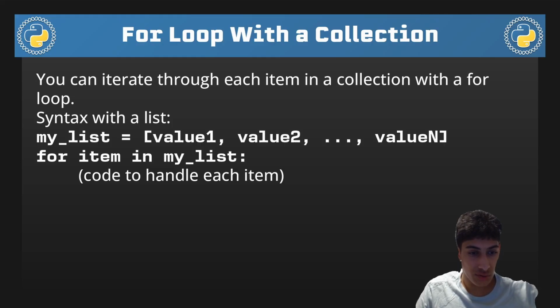Firstly, it starts with the keyword for, and then a name item, which we can use to refer to every single item in the list. And then "in my list" tells Python that we're taking each item from my list, and then a colon, and then an indented block of code which contains code to handle each specific item.